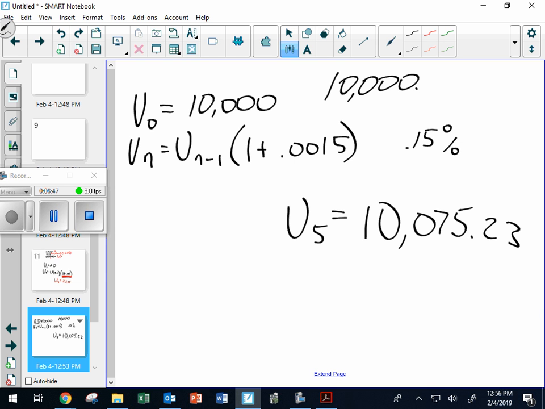That's really pretty bad. Let's see what they could have done if they would have deposited it at 3.2% interest. I want a new number assuming 3.2% interest.